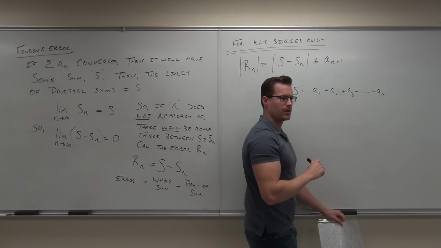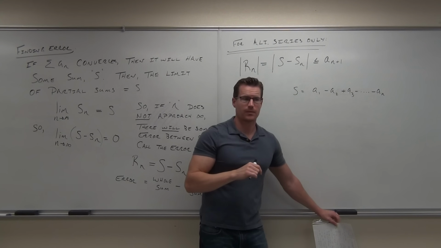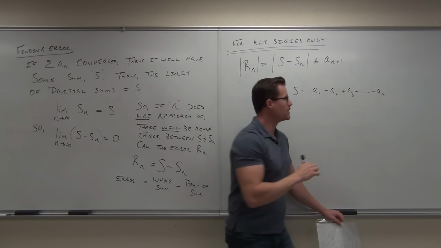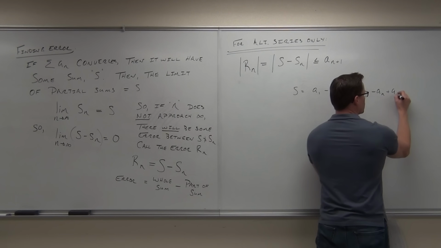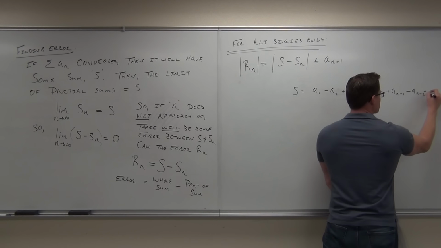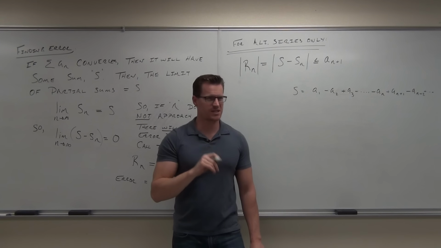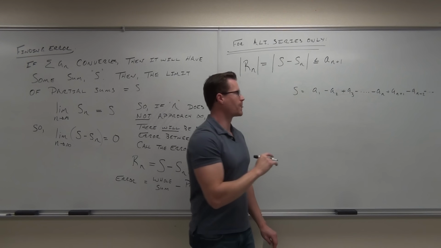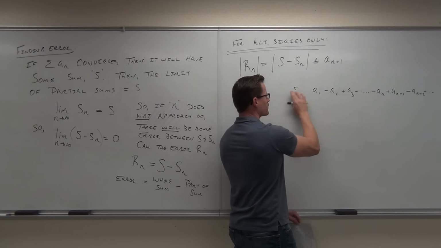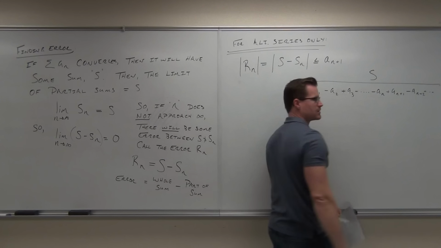Now, would S stop there? Yes, no? S would go forever. S never stops. So S would do plus a sub n plus 1 minus a sub n plus 2 plus, and it would go forever and ever. Does that make sense to you? Now here's the deal. This is all of S. So this is the whole thing. I'm going to write it a little differently. This whole thing is S. Does that make sense?